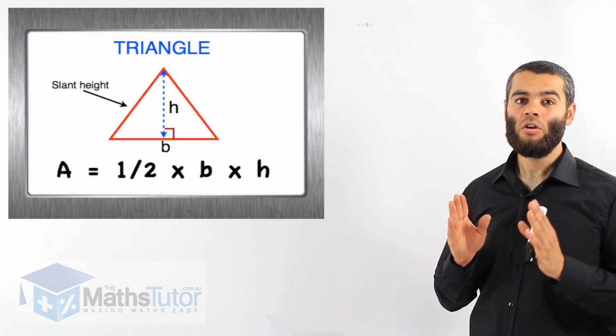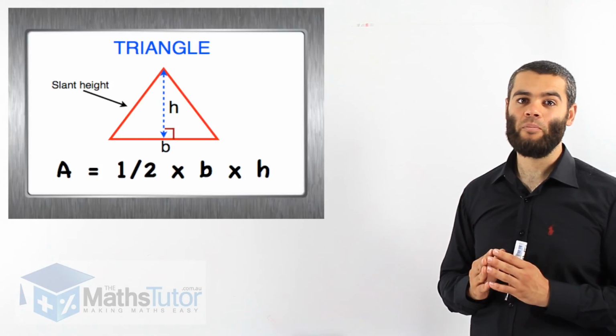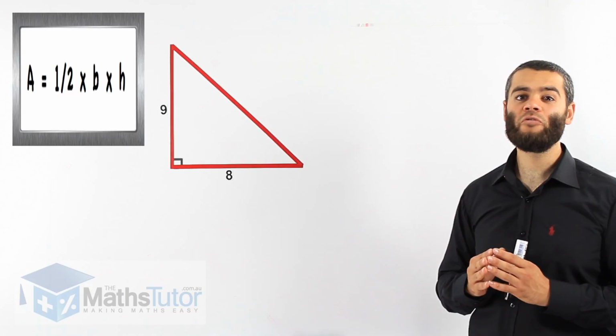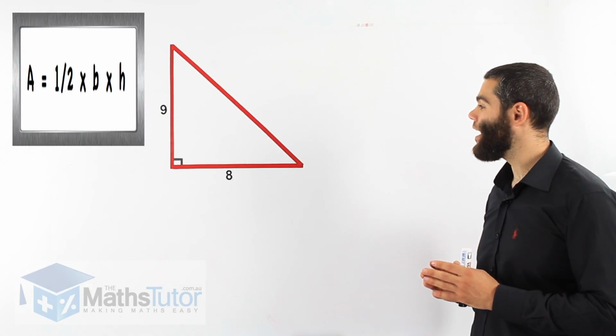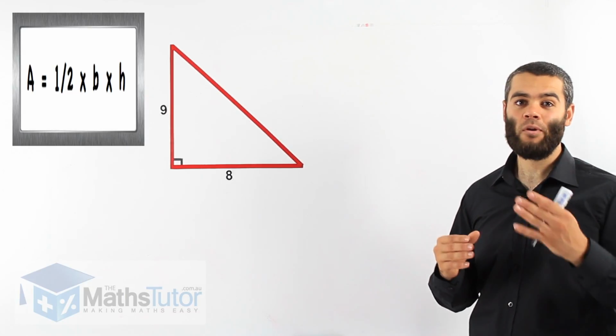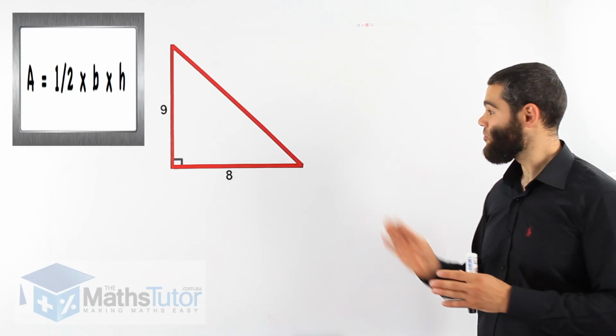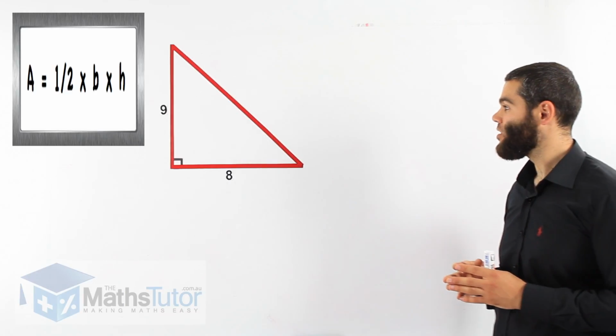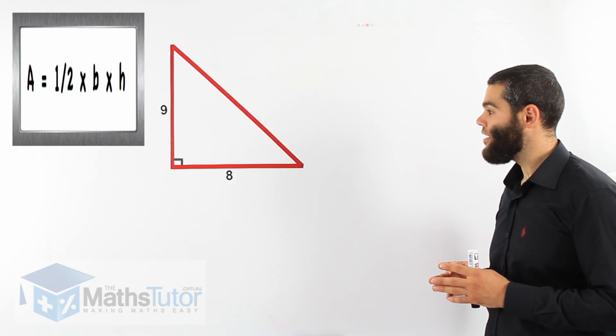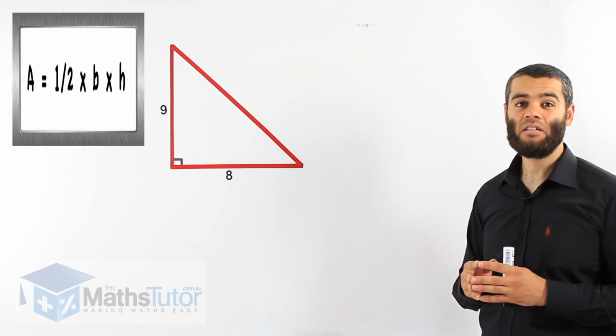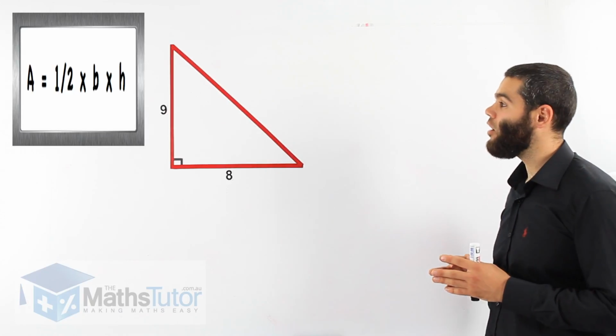Now that we know what the vertical height and the base are, let's use the formula to work out the example here, and I'm going to do a couple more examples also to get you used to it even better. In this example, we have a triangle marked with a base of 8 and a height of 9.